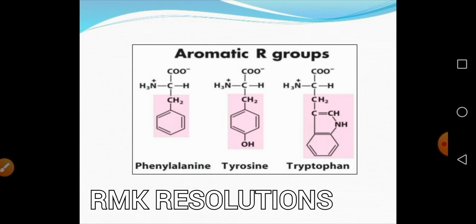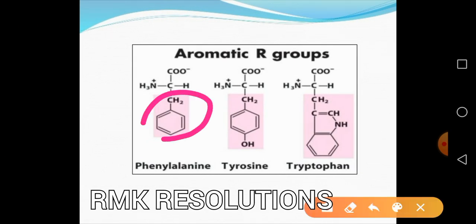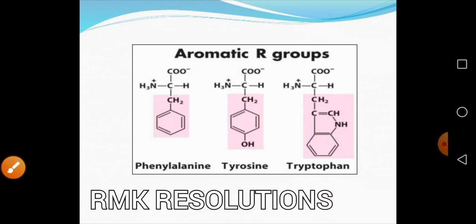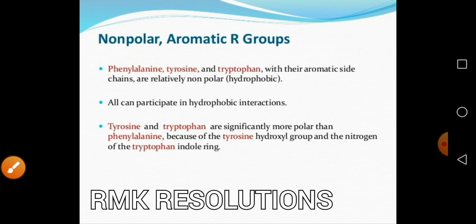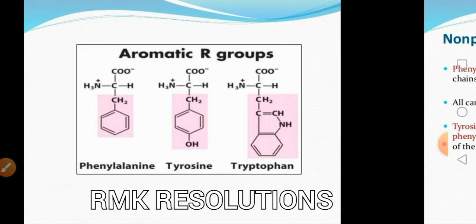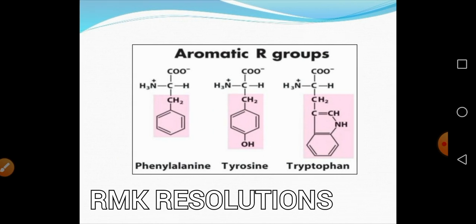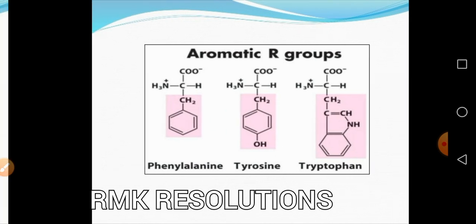You can see on your screen phenylalanine has a non-polar ring. Then this hydroxyl group provides quite some polarity, and this amino group in the indole ring also provides a little bit of polarity. But these are the aromatic non-polar amino acids: phenylalanine, tyrosine, and tryptophan.